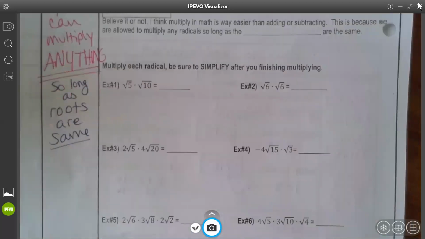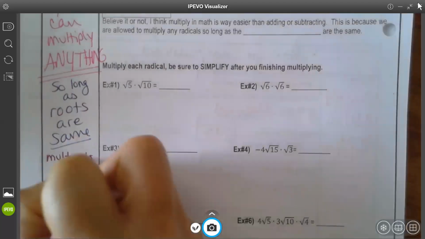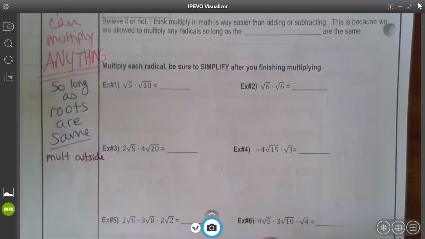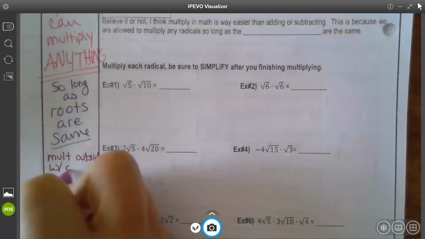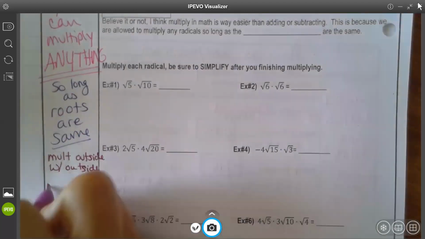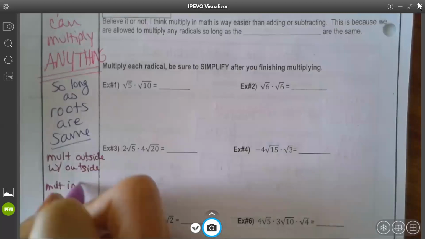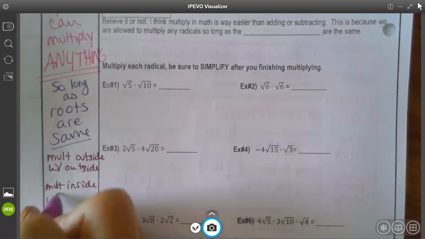And it is super simple. All you're going to do is you are going to multiply your outside numbers with other outside numbers. And then you are going to multiply your inside numbers with other inside numbers.